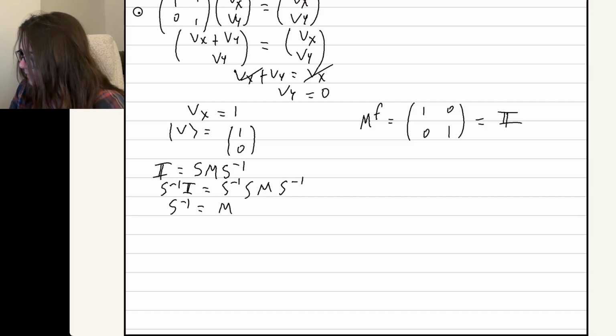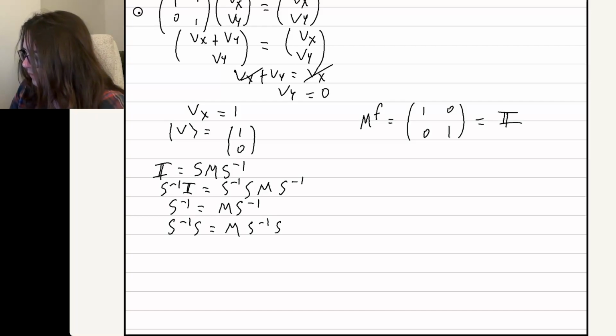So now on the right hand side we have M s to the minus 1. And then we can now multiply both sides on the right hand with an s. So on the right hand side we get M s to the minus 1 times s. Now the inverses cancel out again, so we get that the identity matrix would be equal to M.